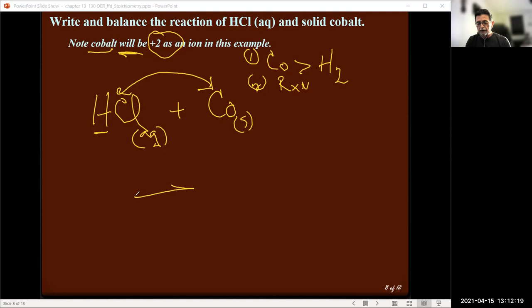And so the products we're going to get will be the hydrogen gas, because again, we're displacing the hydrogen, which is, remember, H plus in this form. Well, it's going to go back to the element, H2. And cobalt is going to replace the hydrogen.